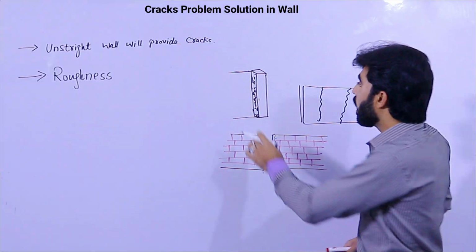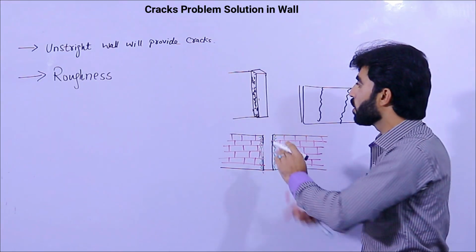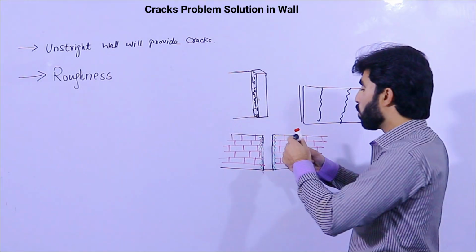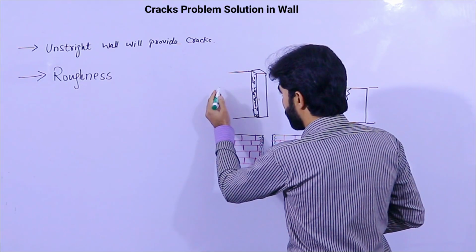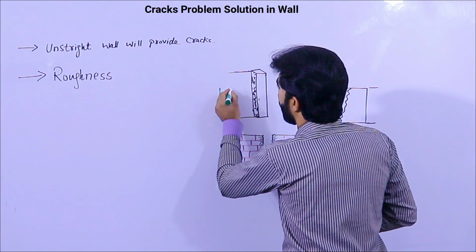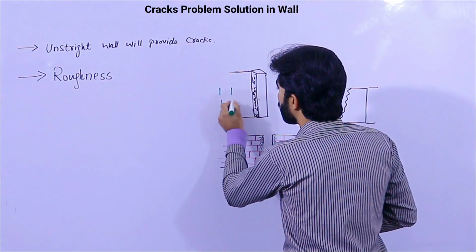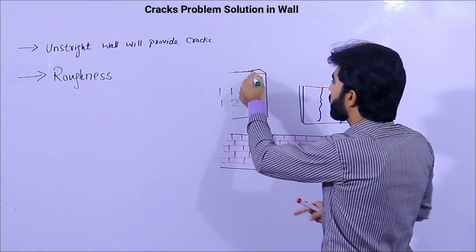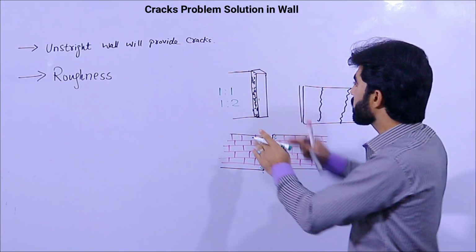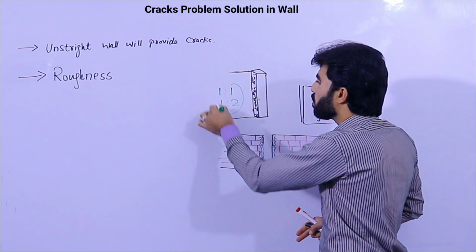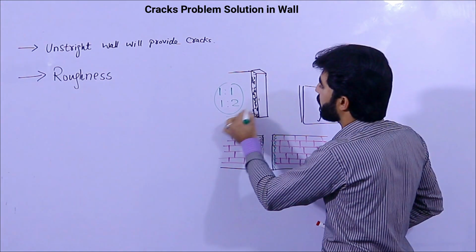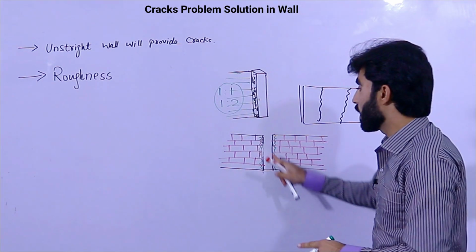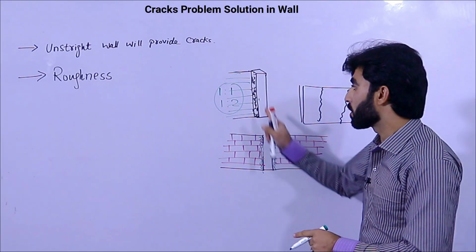After this roughness you should provide cement mortar, whose ratio should not be less than 1:1 or 1:2. Use the mortar on this roughness, and with this mortar then start the brick masonry. It will never provide cracks at the junction between beam and column.